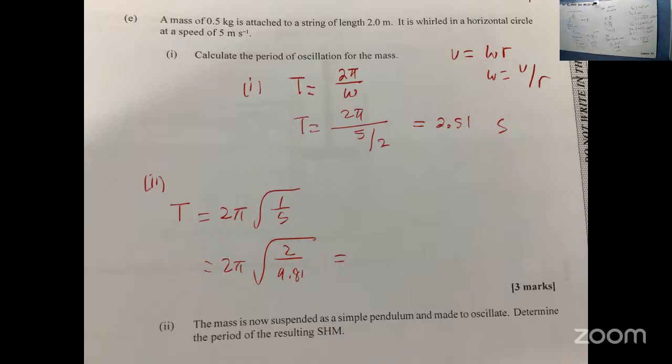What they give it to you, sir? 9.81 is what they gave us. Yeah? What's the answer? 2.84 seconds. Right, so the period increased a little, right? Okay, nice. So that is simple harmonic motion.